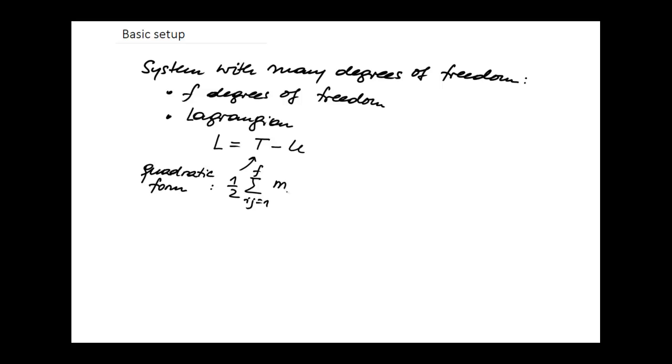Then we have some matrix element mij, which may depend on the coordinates but not on the velocities, and also not explicitly on time, times Qi dot Qj dot.